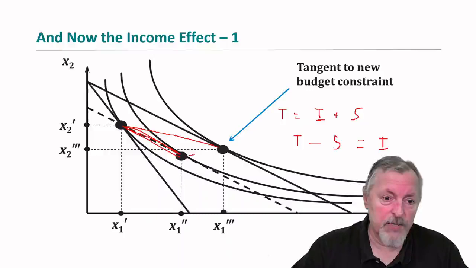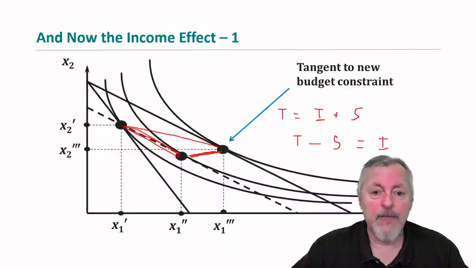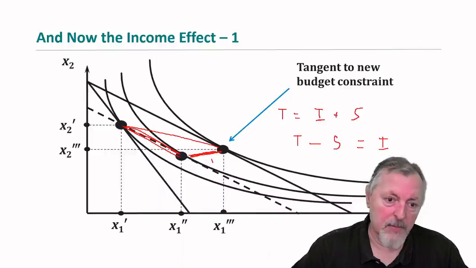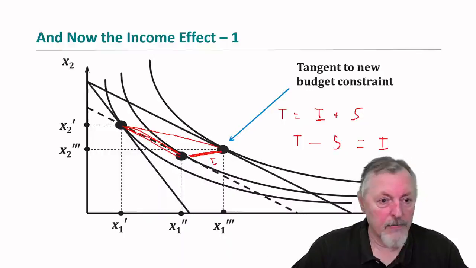The change from here to here, this is the income effect. This is the substitution effect. Put them together, and you get that total change.